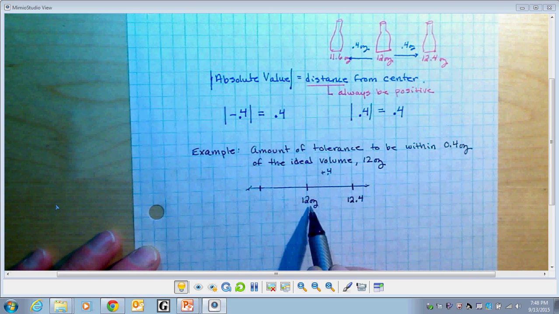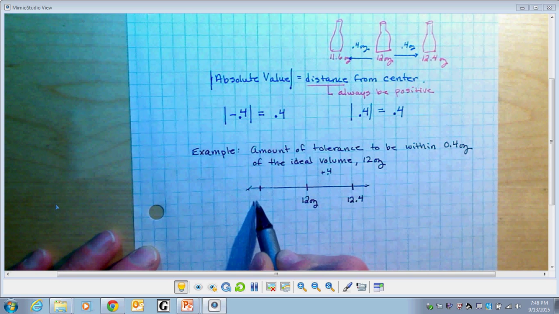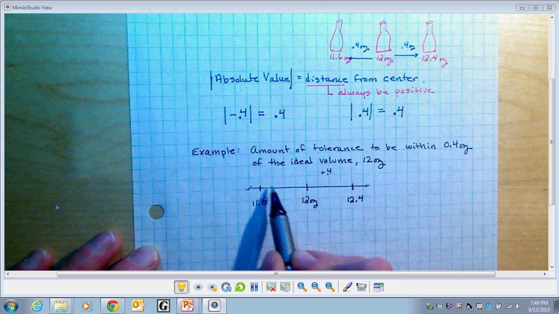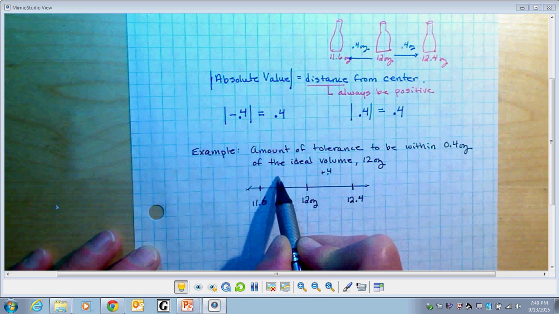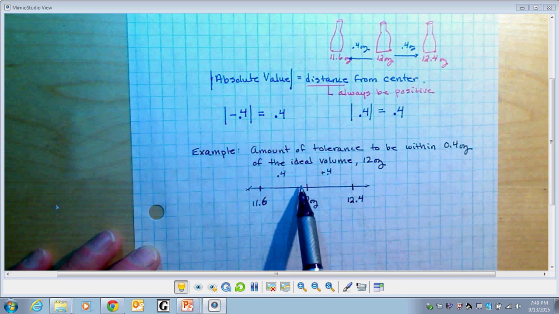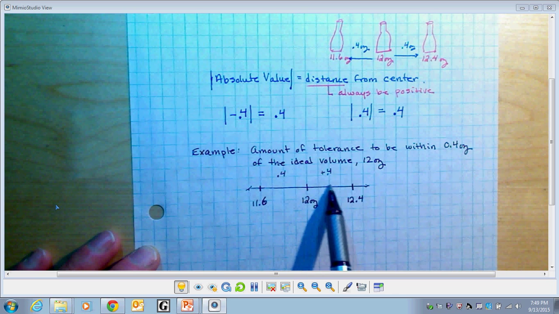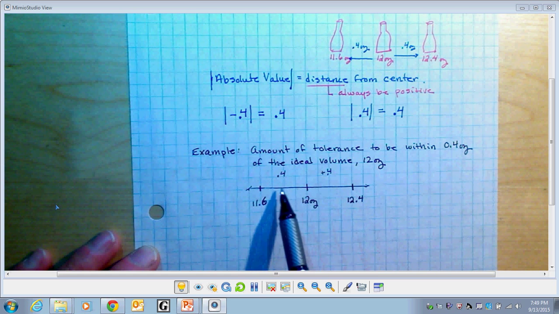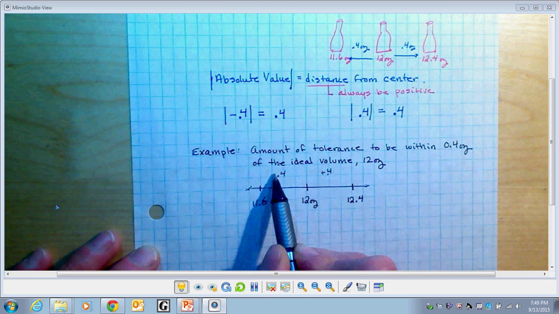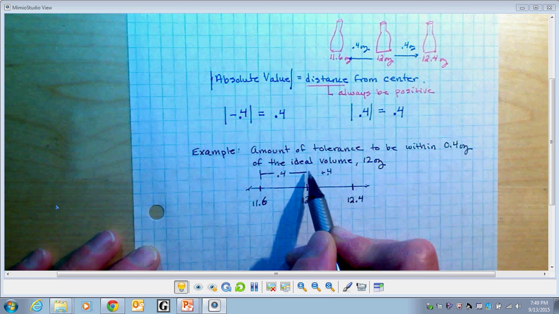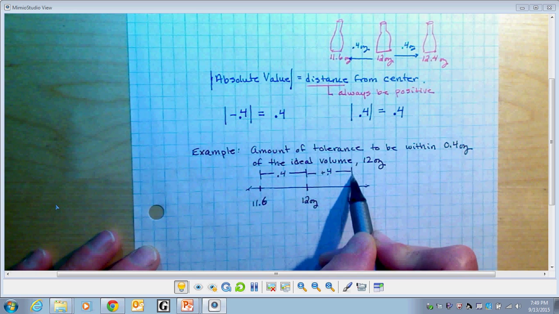Yes, I subtracted here, and I got 11.6 ounces. Okay, but this distance here is still a distance of 0.4. I may have gone in the negative direction because 12 minus 0.4 gives me 11.6. Here I went in the positive direction. 12 plus 0.4 gives me 12.4. But the distance itself between here and here is a positive value. It's all positive values through there.